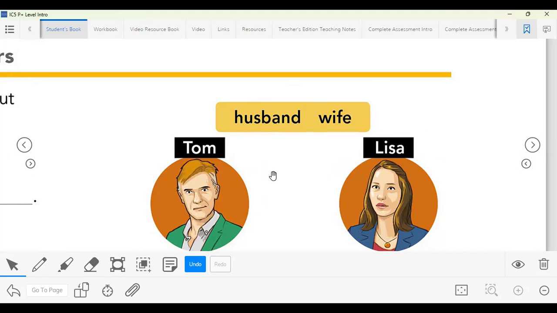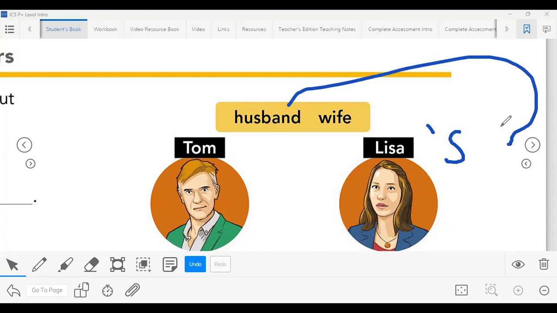She is, can you complete the idea? Lisa, who is Tom? Tom is Lisa's husband. Okay, that's correct. Because now we're talking about the owner. Lisa is the owner, so Lisa's husband.